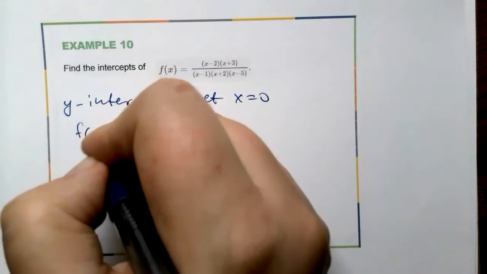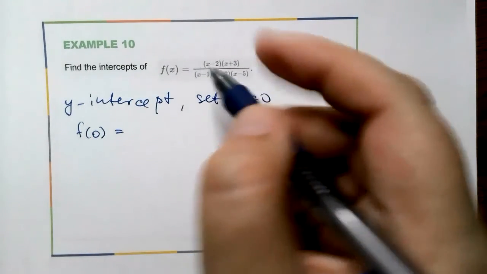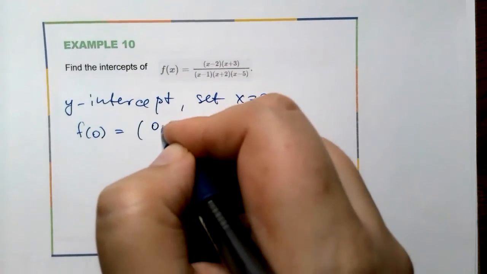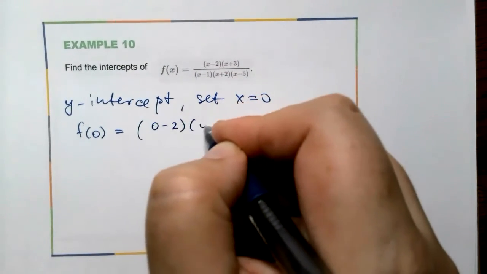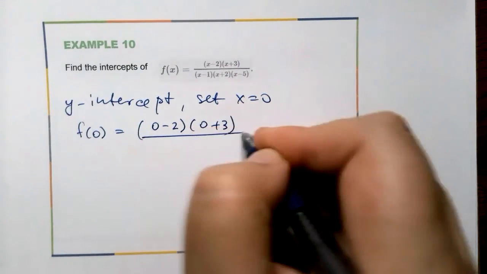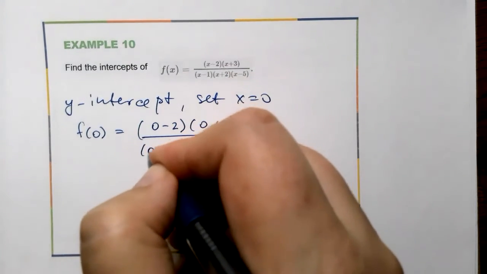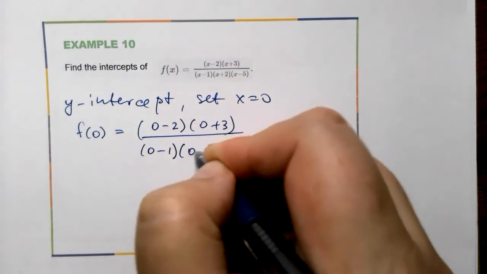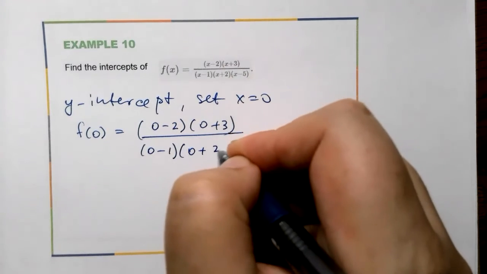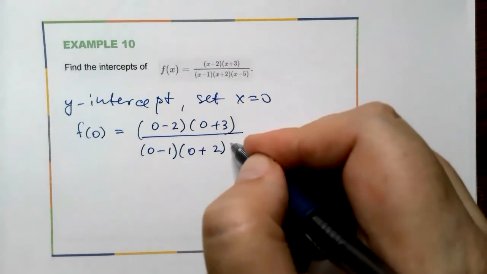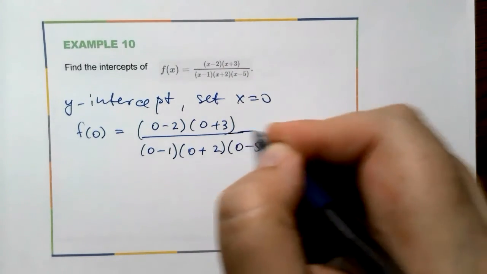So we're going to have f of 0, and we're going to have 0 minus 2, 0 plus 3 divided by 0 minus 1, 0 plus 2, and 0 minus 5.